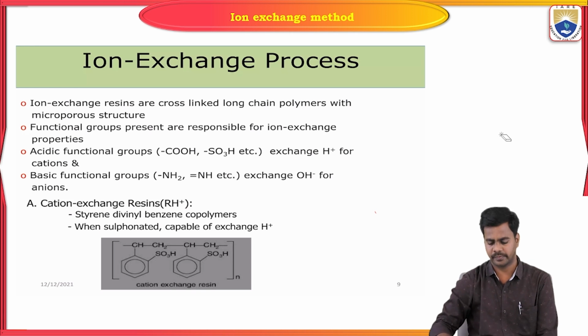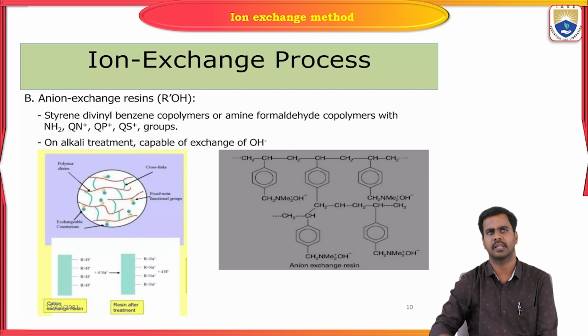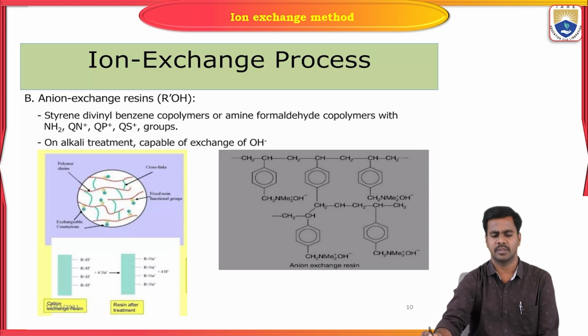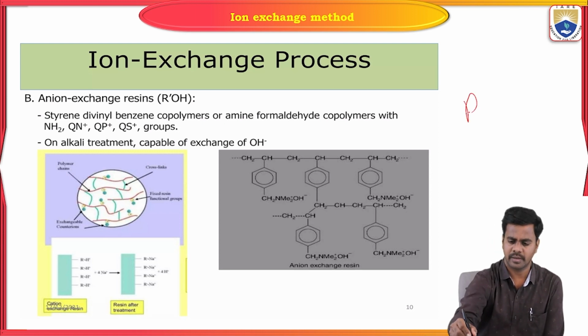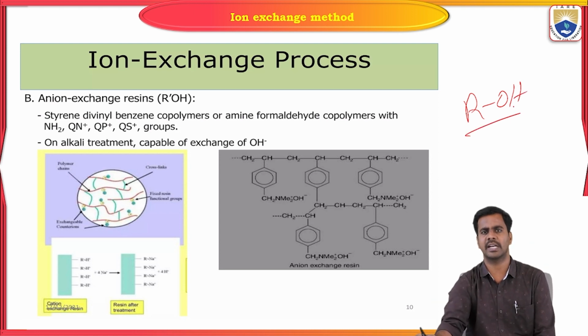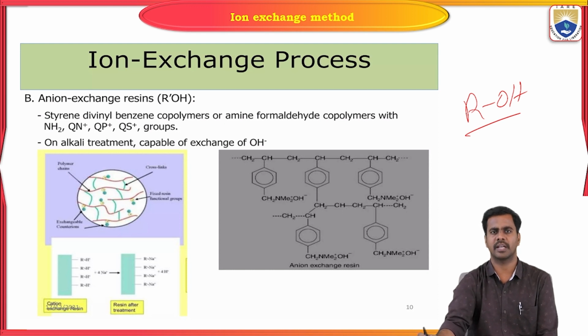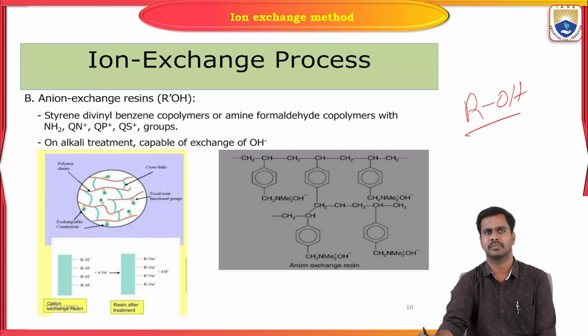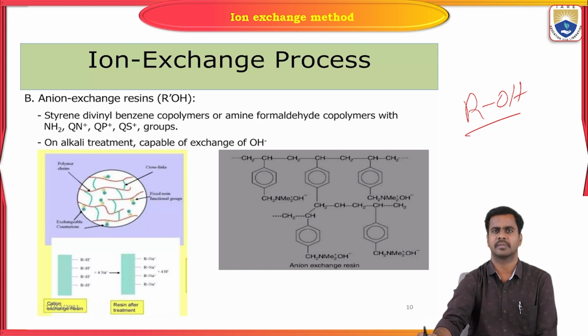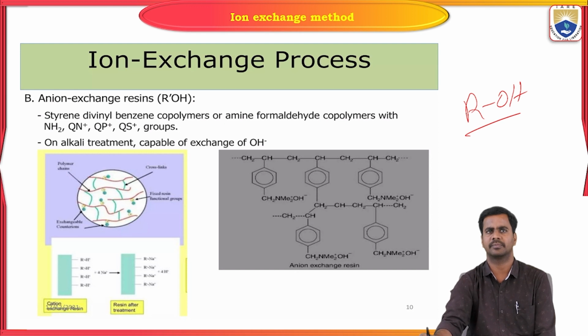Whereas coming to the basic resins, the anionic resins are represented by ROH. A resin which contains basic functional groups like quaternary ammonium salts, primary amines, secondary amines, and like that.